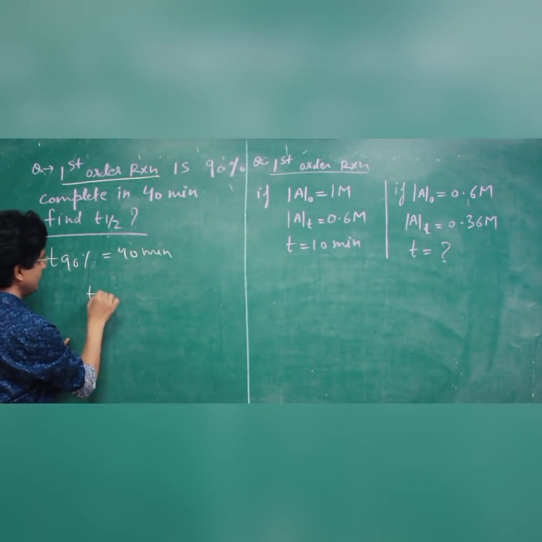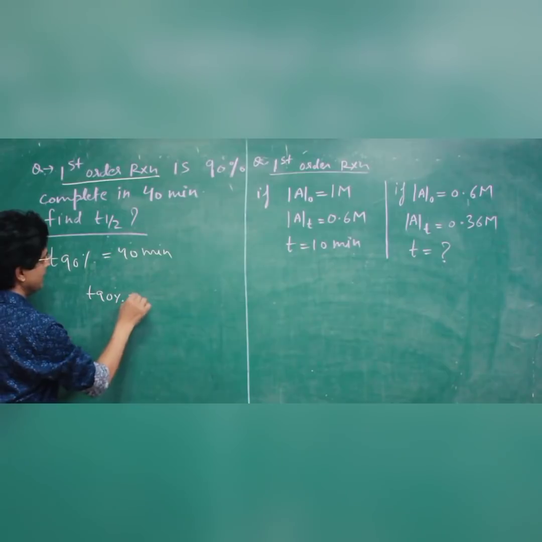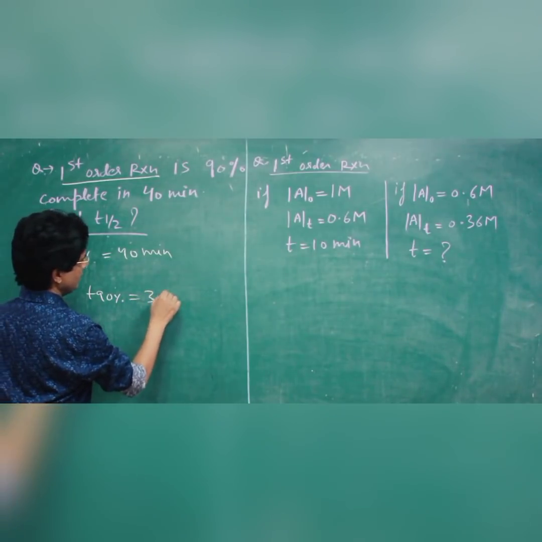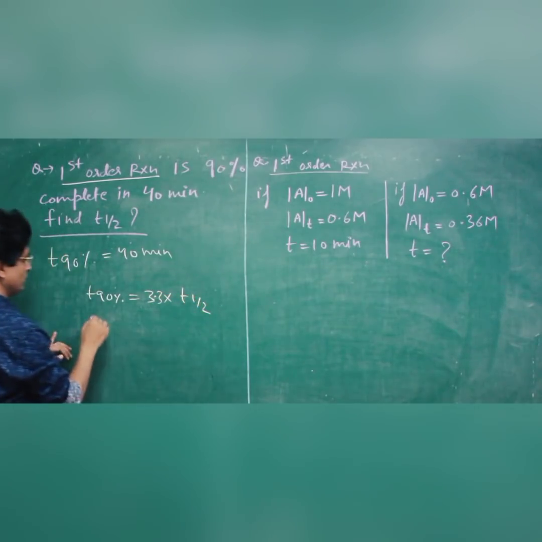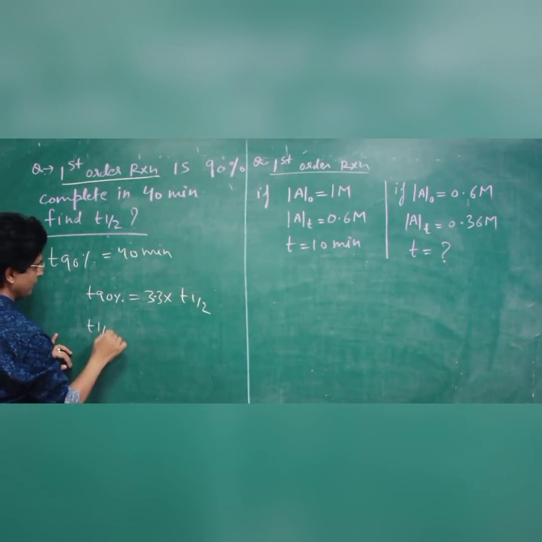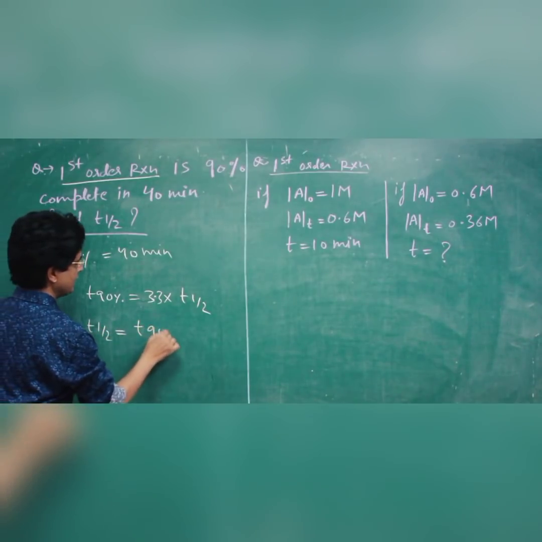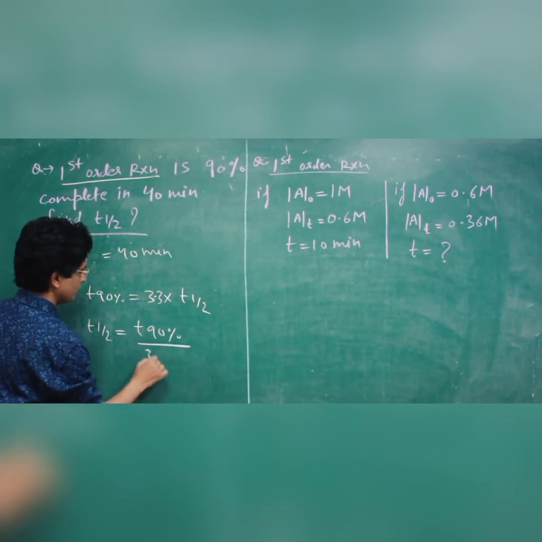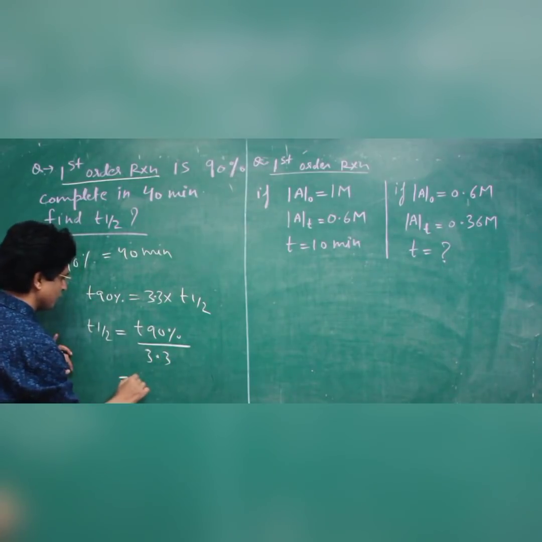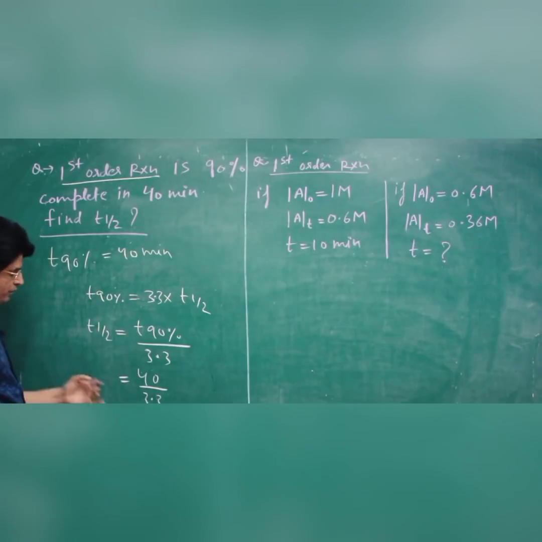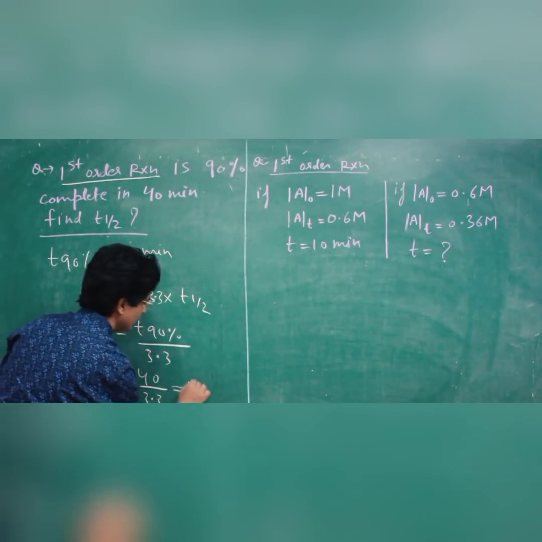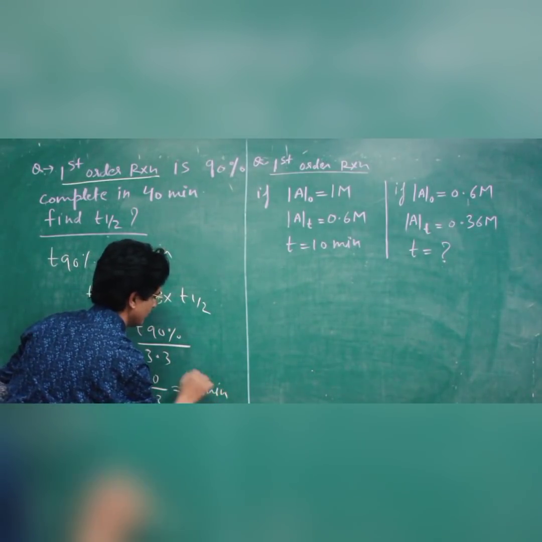You know that T 90% is equal to 3.3 into T half. So T half can be written as T 90% upon 3.3 and that will be 40 minutes upon 3.3, which will be approximately like 12 minutes.